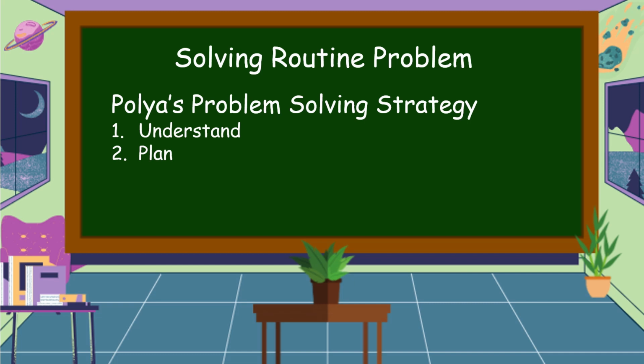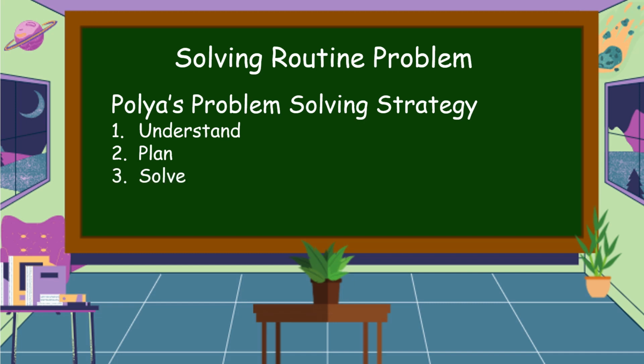Okay, magpaplano na tayo base dun sa tanong at saka sa given facts or the hidden question sa problem natin, then we are going to formulate a plan. So, under planning, we should know what strategy that we are going to use to solve the problem or what operation to be used in order for us to solve the problem.